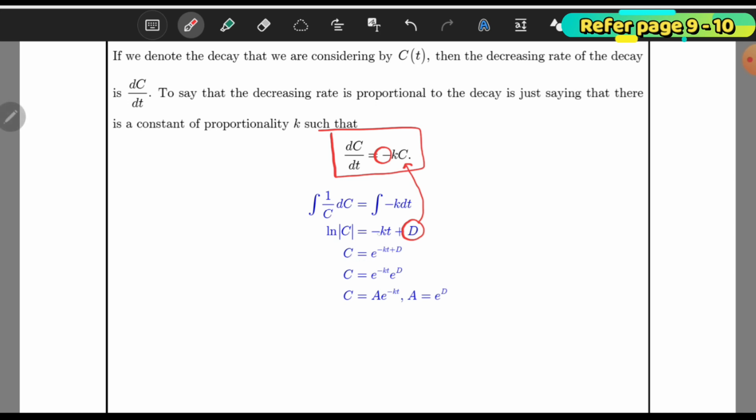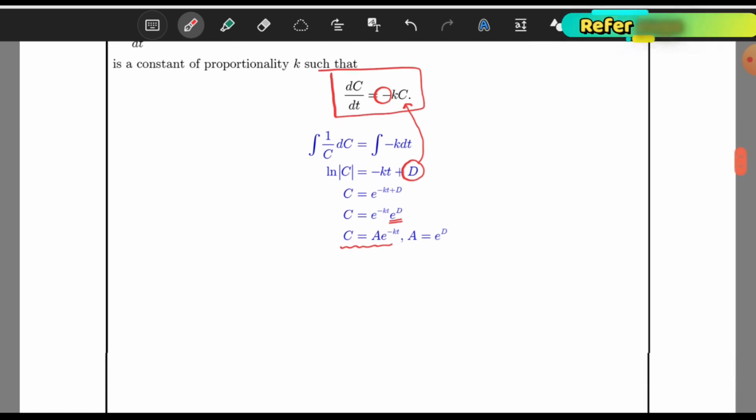Then by taking exponent for both sides as usual, we get C equal to exponent negative kt plus D, and we apply the rule of index. We have exponent negative kt times exponent D, and we state exponent D as A, so we get C equal to A exponent negative kt.